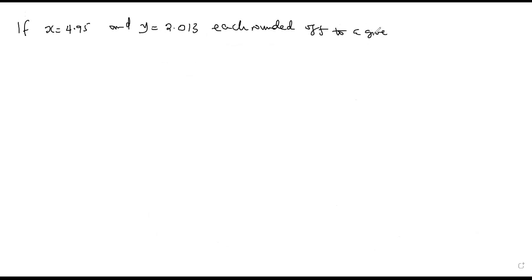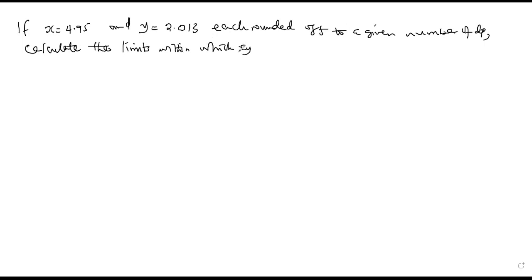Our number 2 is, if x is 4.95 and y is 2.013, each rounded off to a given number of decimal places, calculate the limits within which xy is expected to lie. Give your answer to 3 decimal places.